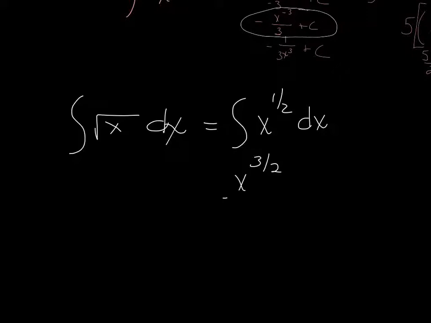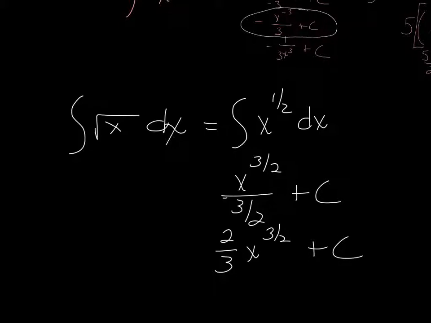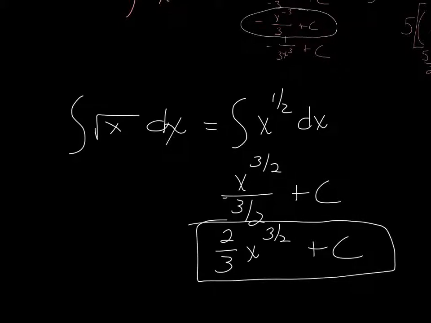Over 3 halves. But that's the same as saying 2/3 times x to the 3 halves plus c. And can we leave it like that? That's your answer. If we were to take the derivative of this, 3 halves times 2/3 is 1, and 3 halves minus 1 is 1 half. We'd get x to the 1 half.